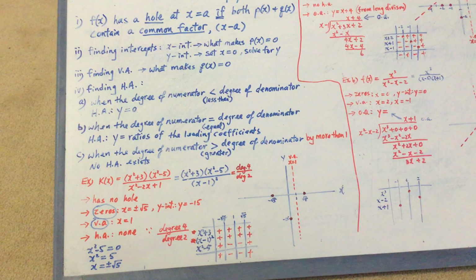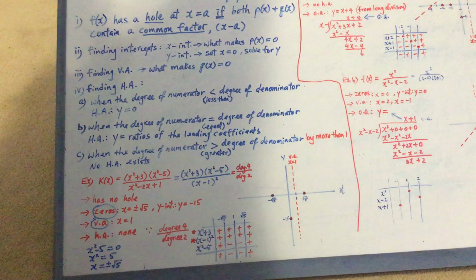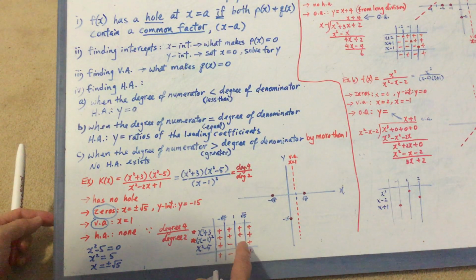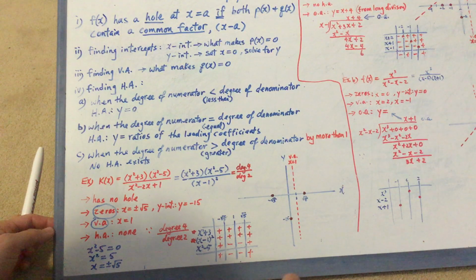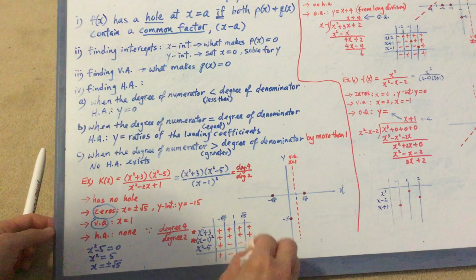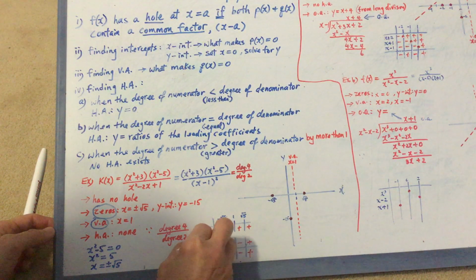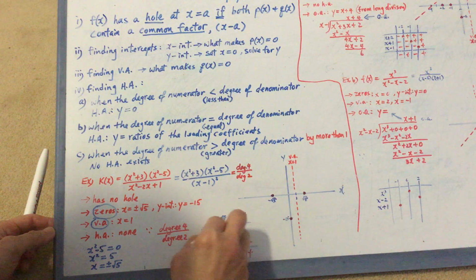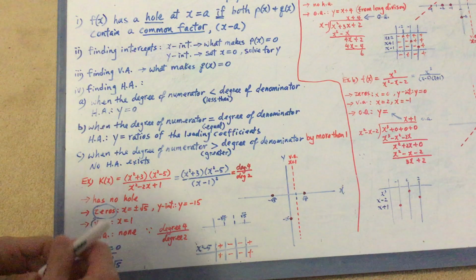So some people might find this a little bit more complicated, but you can also do it another way to get the plus, minus, minus, plus over here. Let me just show you another way that I can do, without putting the other factors there.